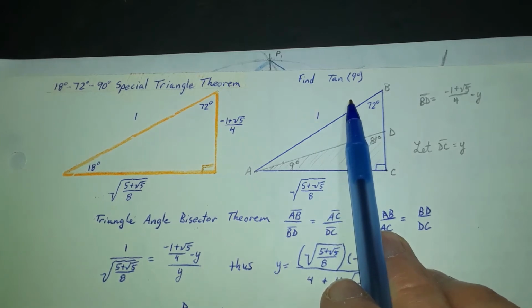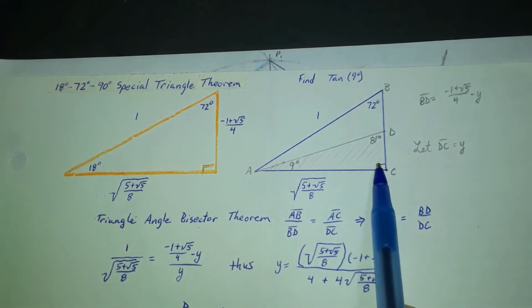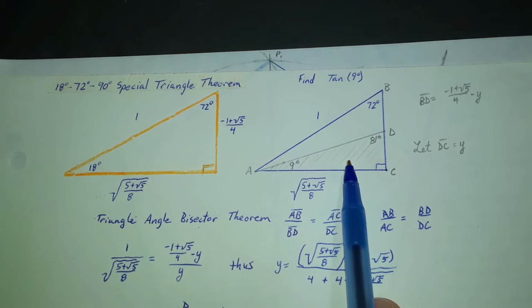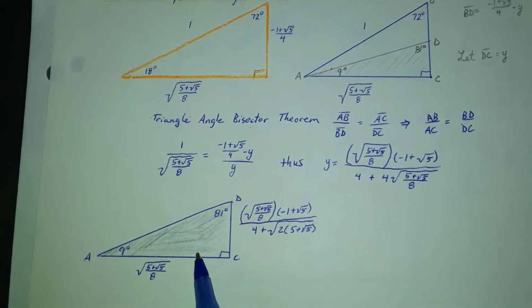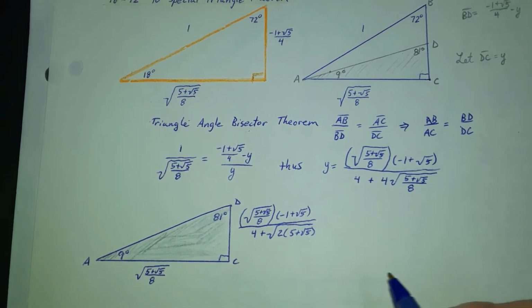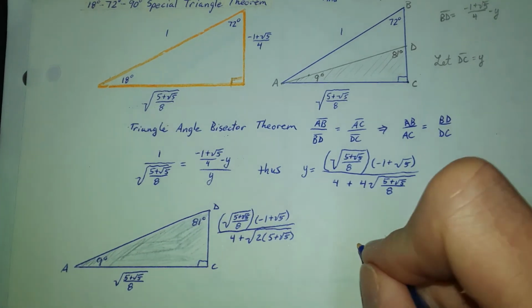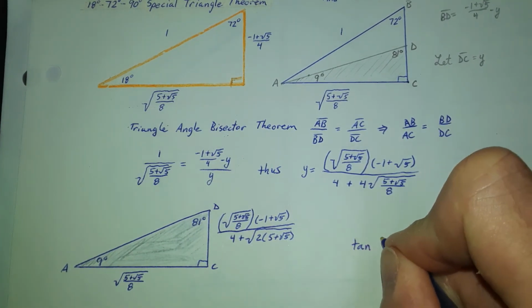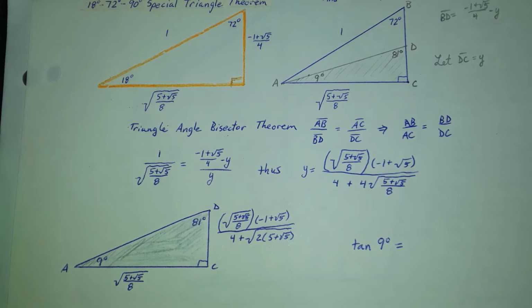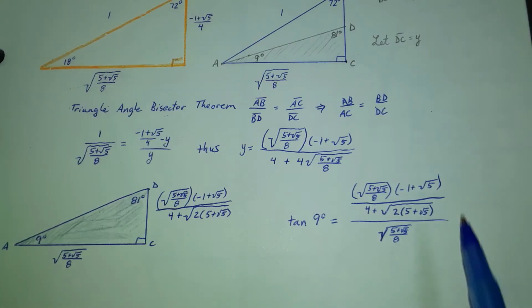Find the tangent of 9 degrees here. And this triangle that I created here is this triangle down here. So we are going to do opposite over adjacent. So we have tangent of 9 degrees is equal to the opposite. So this term divided by this term down here. We have this entire thing in the numerator, this in the denominator.